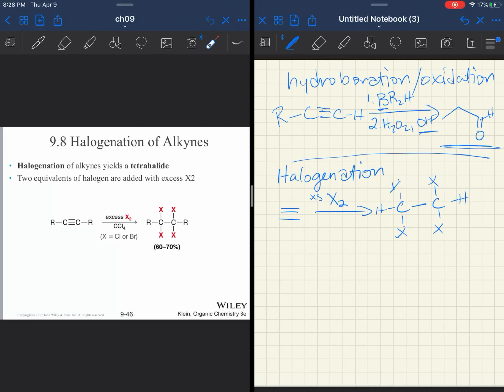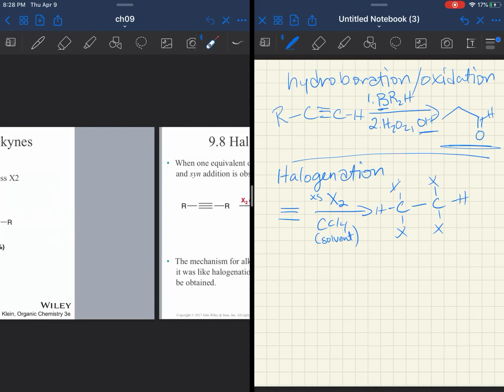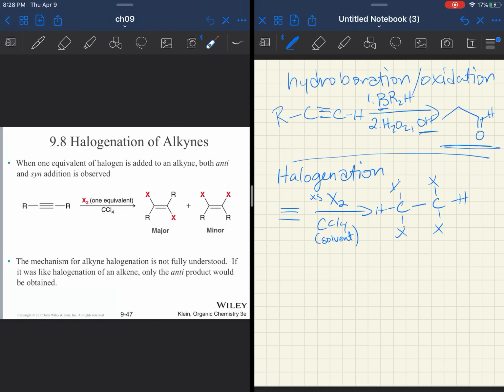So we're going to stick to focusing on the excess. You're going to add the halogen across the double bond twice, so you wind up with four bromines or chlorines on the carbons that were in your triple bond. Now, the CCl4 is just a non-reactive solvent.